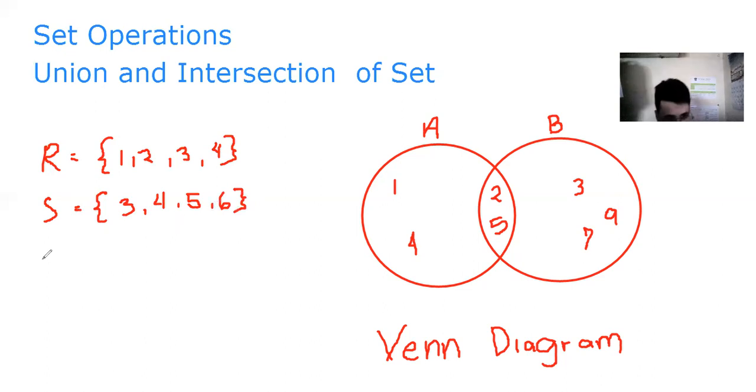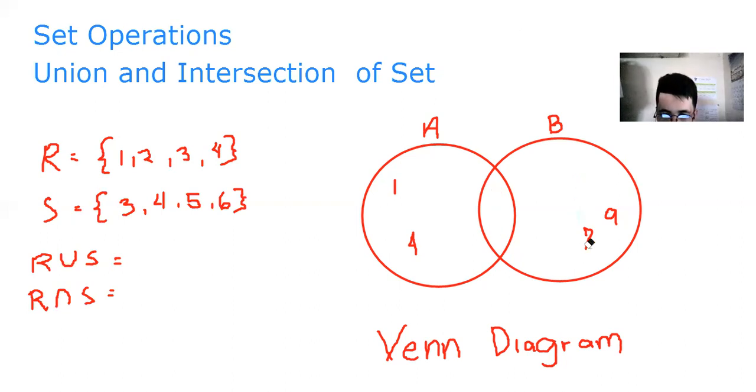Now, find R union S. Then find R intersect S. Then show your Venn diagram with these two sets.